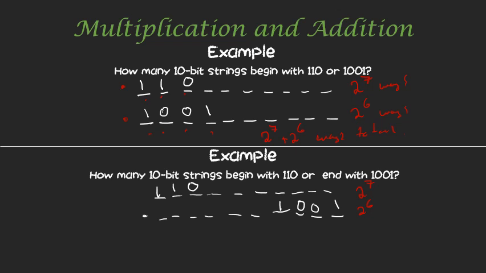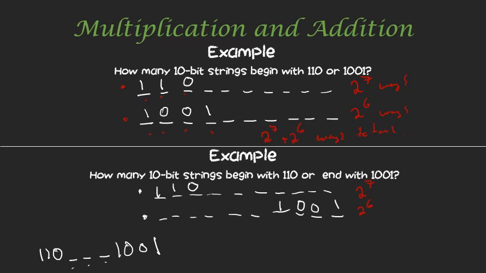So in this second task, if I pick the number 110 and then blanks, then 1, 0, 0, 1, so let's say I pick a number like this, where I can put a 0 or 1 in each one of those, then that will be accounted for in both of these. This one begins with 110 and ends in 1001, so there's some overlap.